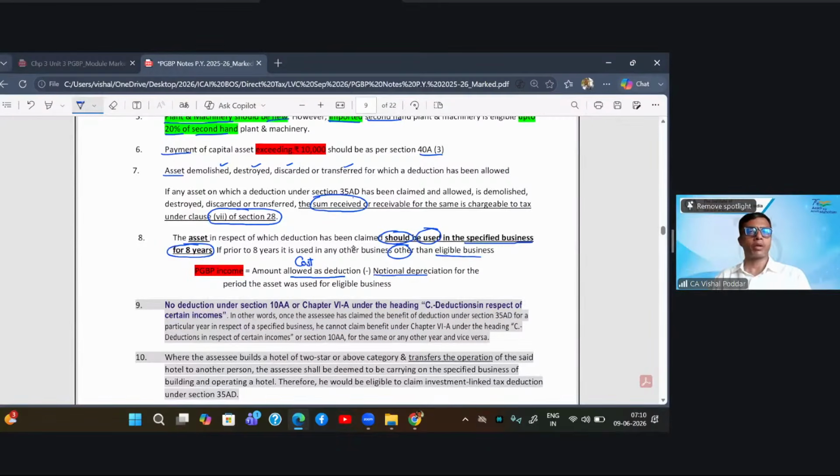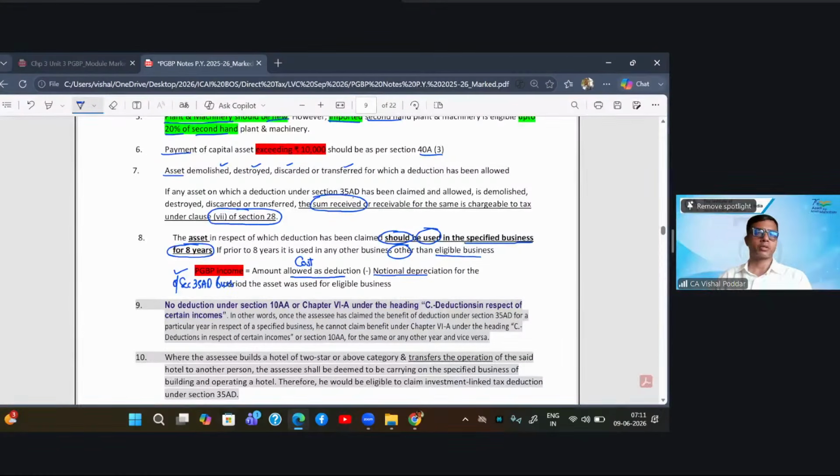What is notional? So you have used this asset for 4.5 years. So we will take this 4.5 years period and find out what could have been the depreciation in this period. Now, why are we saying what could have been the depreciation? Because since the entire cost is taken as deduction in year one, obviously you have not taken actual depreciation. So we are taking a notional depreciation. And the difference between these two is treated as PGBP income of the Section 35AD business.